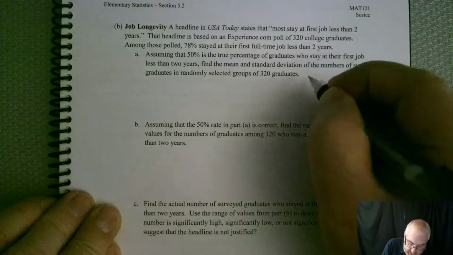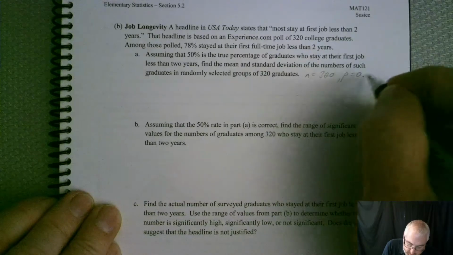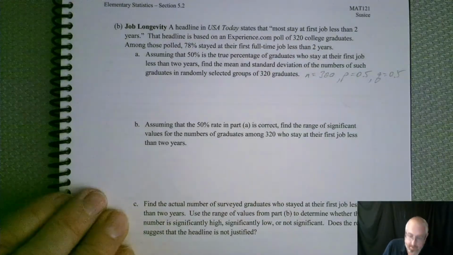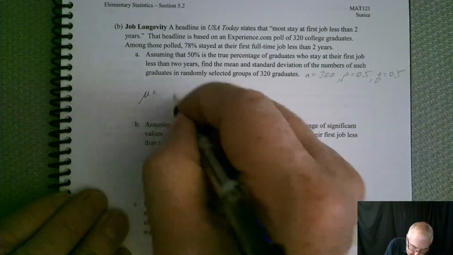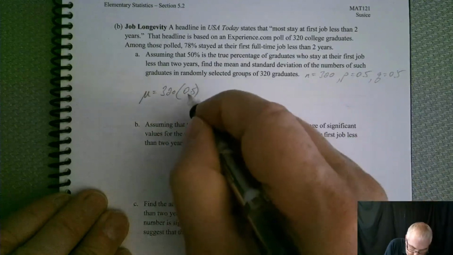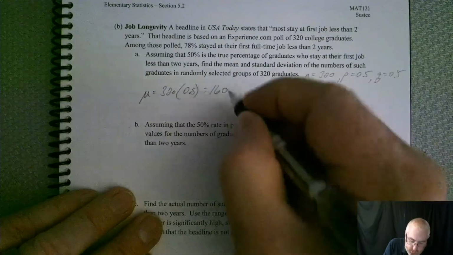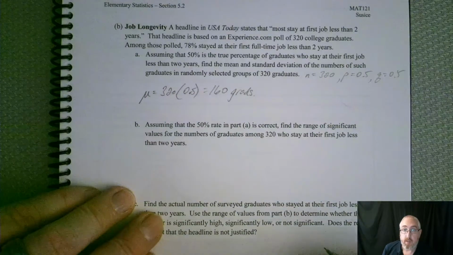So in this case, n is 320, p is 0.5, which means q is 0.5 also. All right. So our mean better be 320 times 0.5. Well, half of 320 better be 160. So 160 graduates.